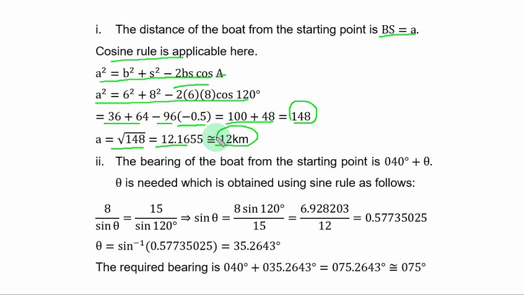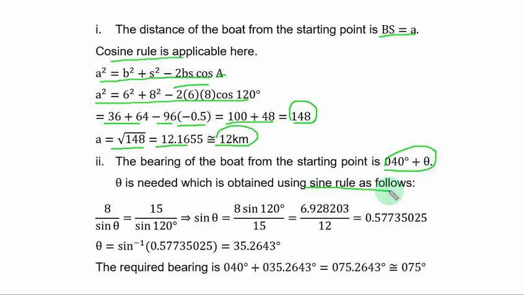Roman figure 2. From the diagram, the bearing of the boat from the starting point is 040 degrees plus theta. Theta is needed, and if you visit the diagram, it is obtained using the sine rule. The side facing theta is known.